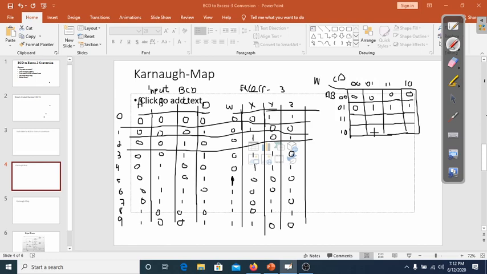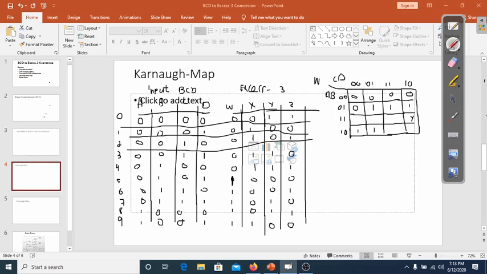So the remaining terms, I didn't use this one. For this combination W is equal to 1. So 1 0 0, here I will plug in 1. So the remaining 1 2 3 4, 1 2 3 4, these 5 and 6 boxes, I will incorporate here the don't care condition.